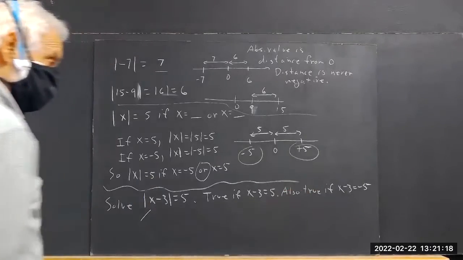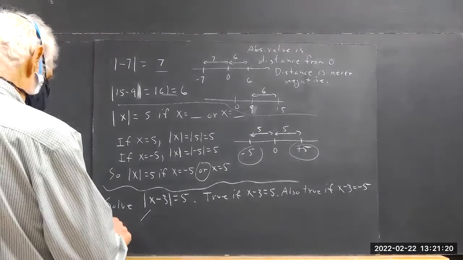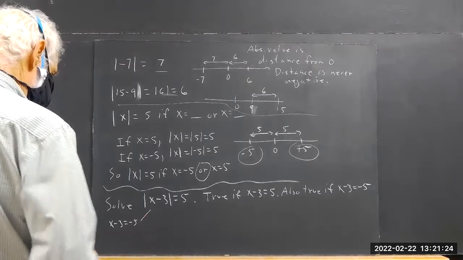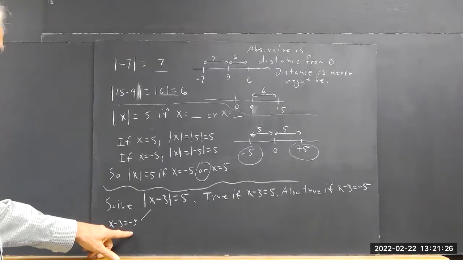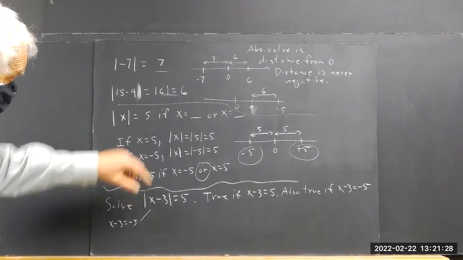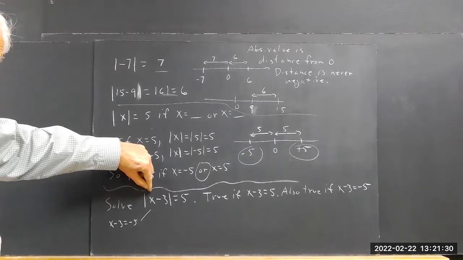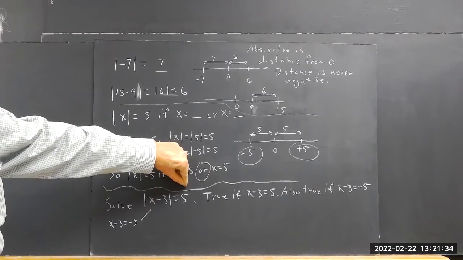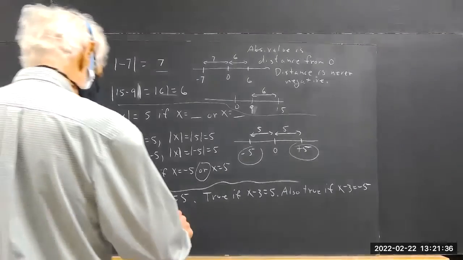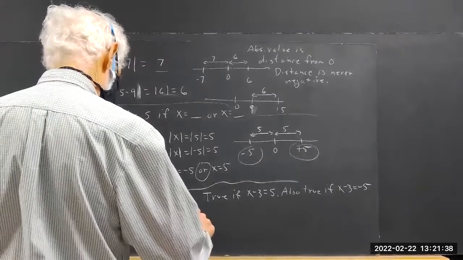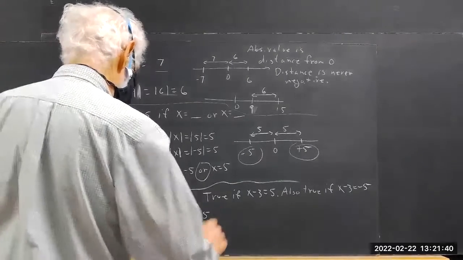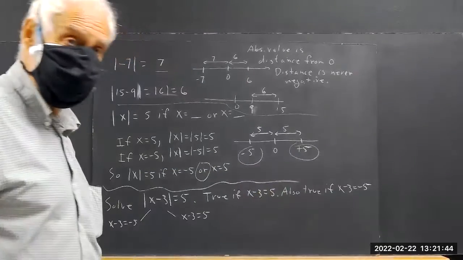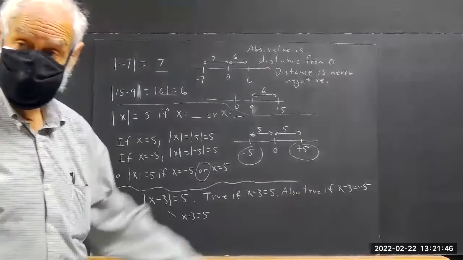What I just said tells me that if I solve x minus 3 equals -5, I get a number for x that when I plug in here will give me an absolute value of 5, right? And of course, I can solve x minus 3 equals 5. This wasn't hard to understand.